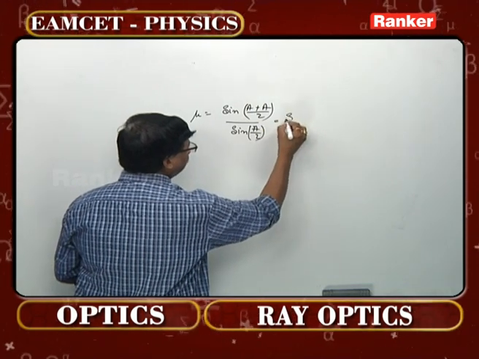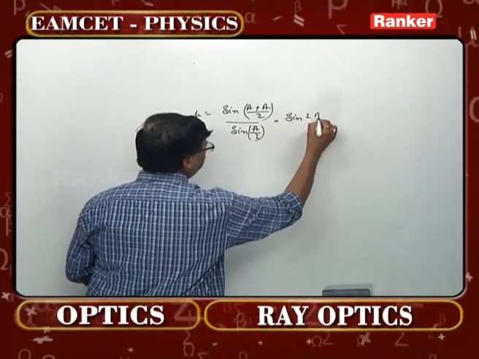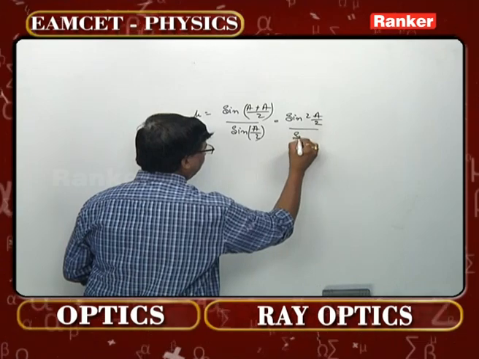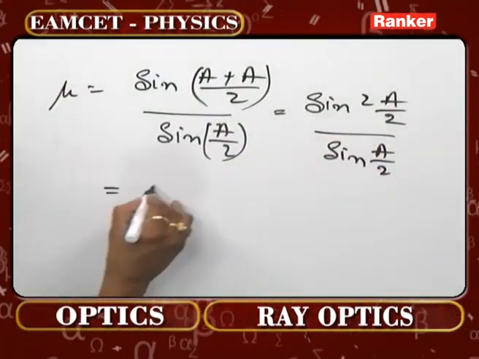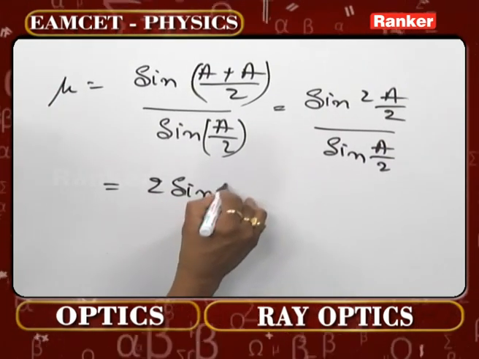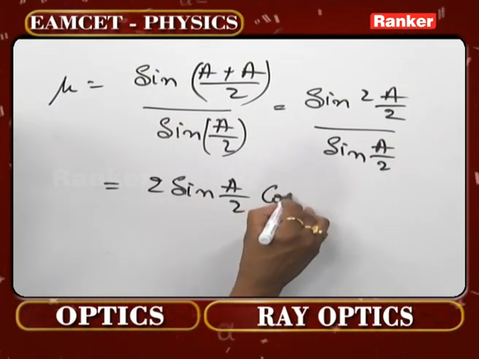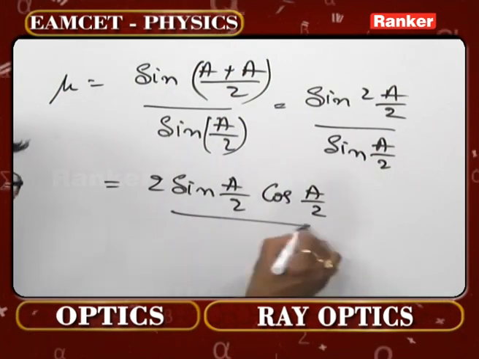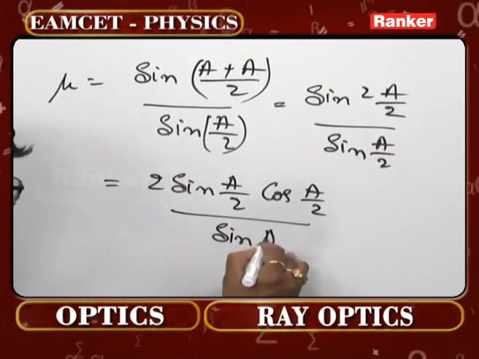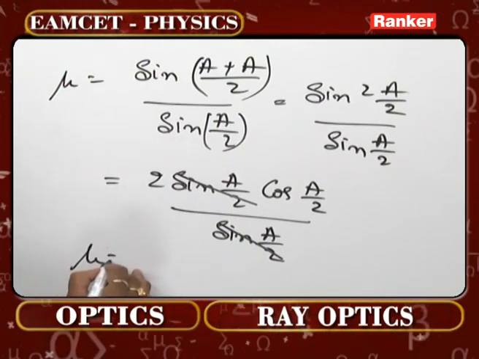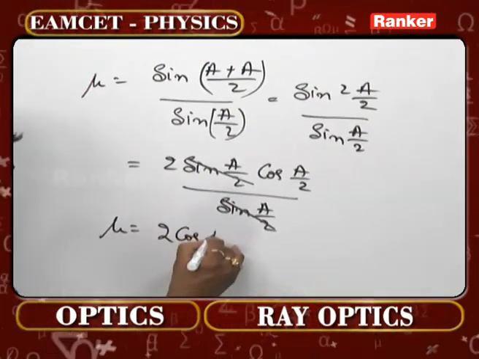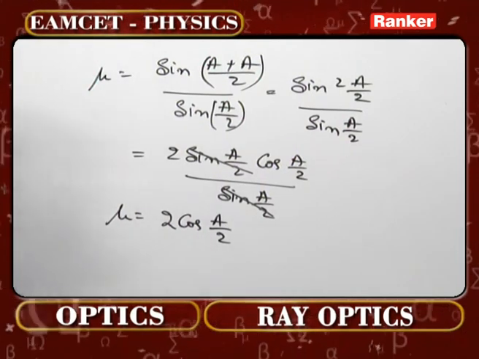Now you can write this one as sine 2A by 2 by sine A by 2. All of you of course can understand this is the sine 2A formula, like 2 sine A by 2 cos A by 2. If I take this formula divided by sine of A by 2, then what will I get? Sin A by 2 gets cancelled. Now mu is equal to 2 cos A by 2.